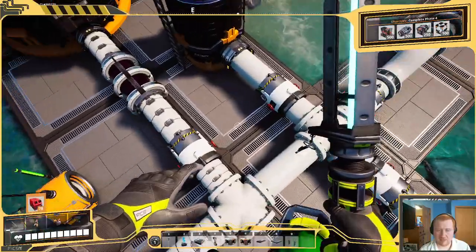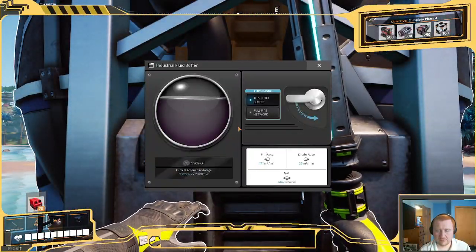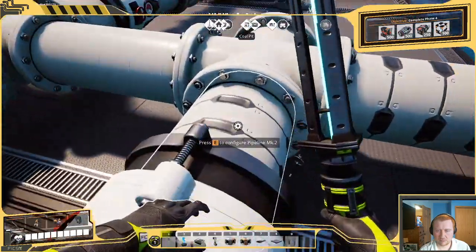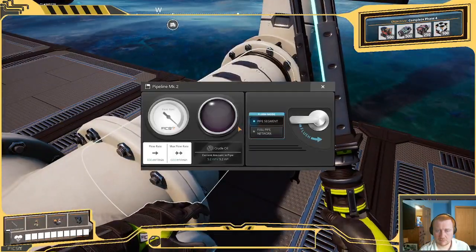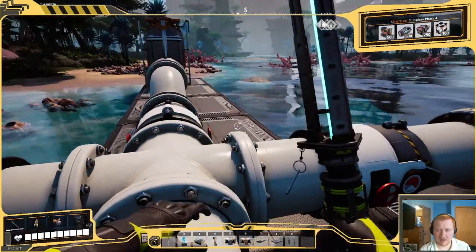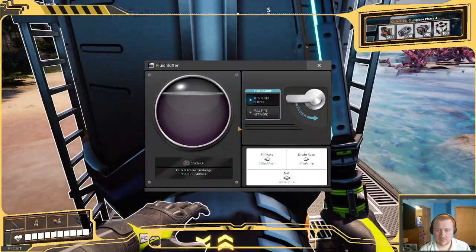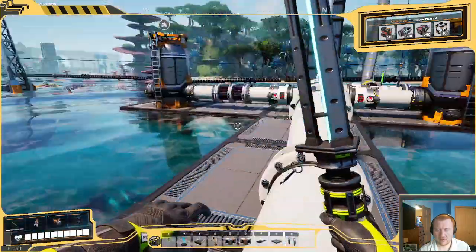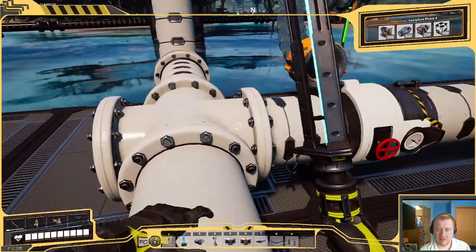But I can make the demand even higher if I really wanted to. There's going to be quite a bit of sloshing because of the way that I have it set up now. So this is a less than efficient way to set up the system, that's for sure.